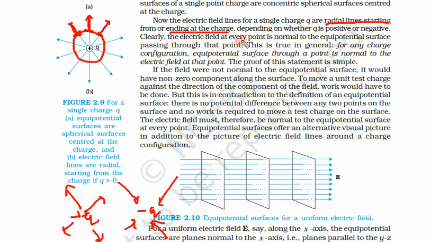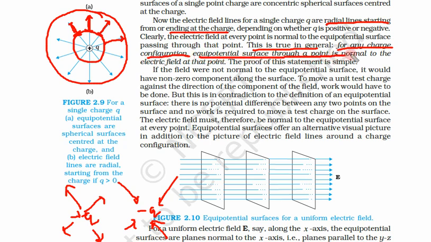Clearly the electric field at every point is normal to the equipotential surface. So this is the equipotential surface, this is the normal. In each and every case, the electric field is normal to the equipotential surface. So it is true in general. What is true? For any charge configuration, the equipotential surface through a point is normal to the electric field at that point.